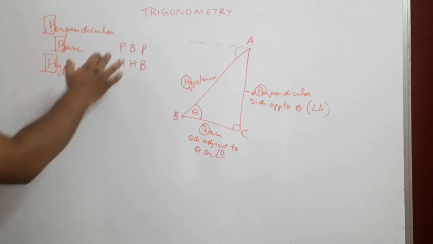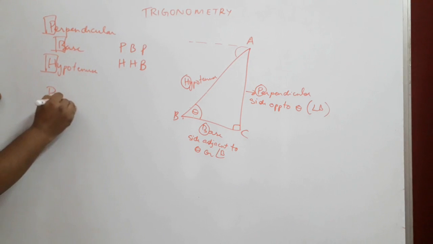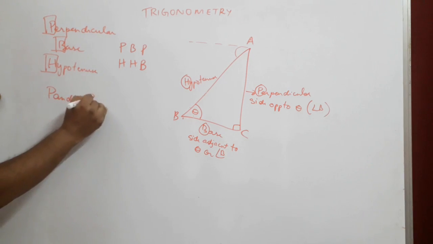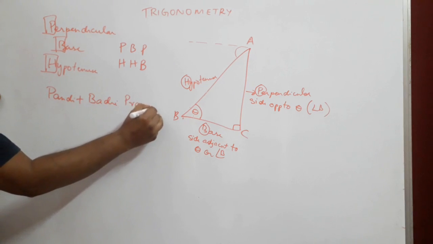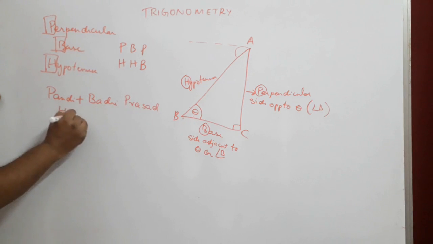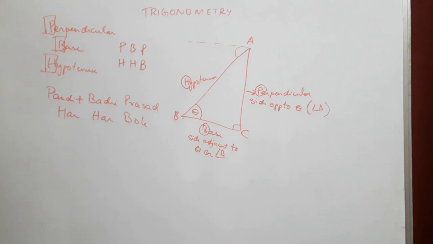Now you may wonder, what is PBP and how do we remember this thing? So we remember this thing as this: Pandit Badri Prasad Har Har Bole. Memorize this: Pandit Badri Prasad Har Har Bole.